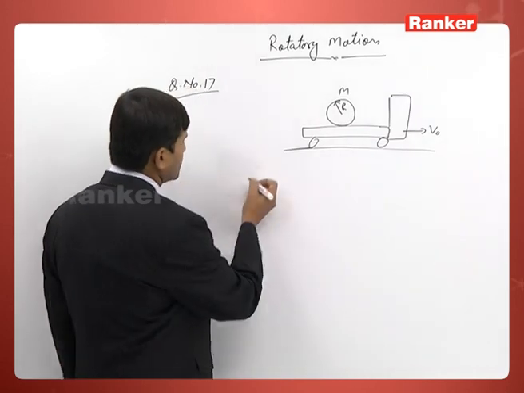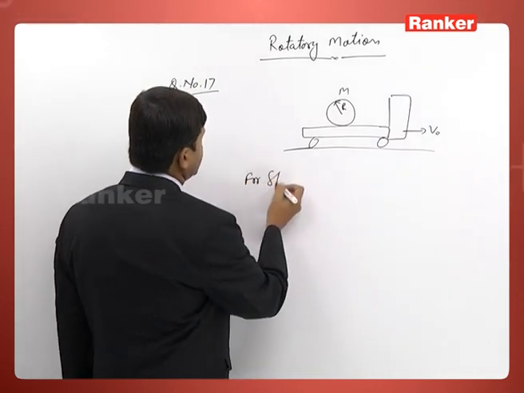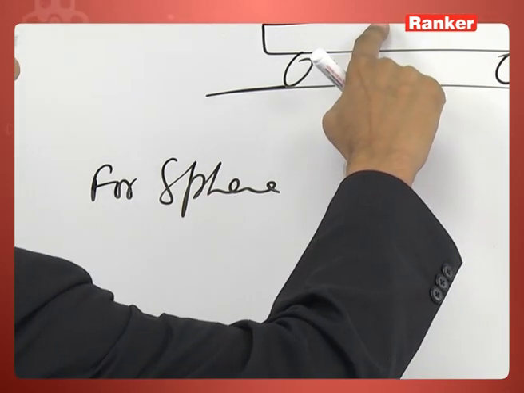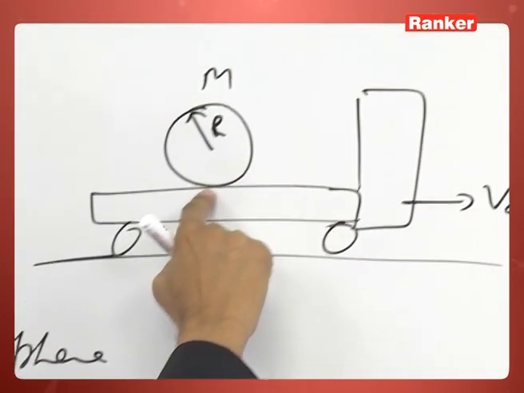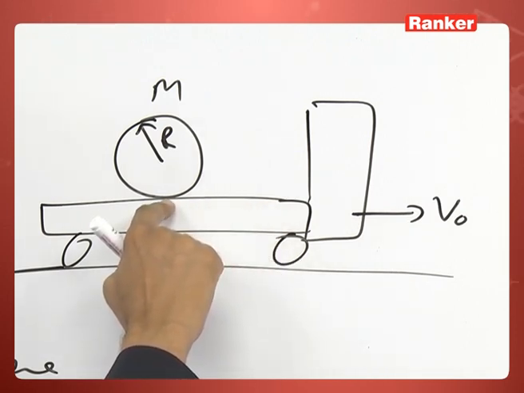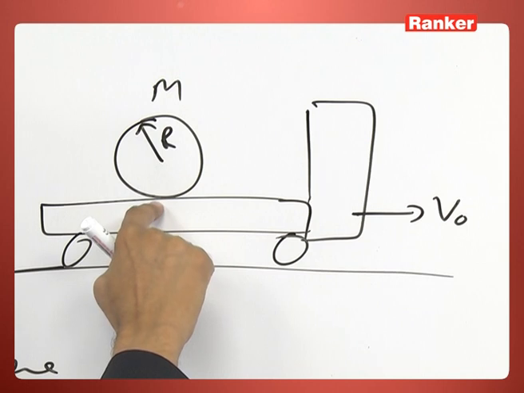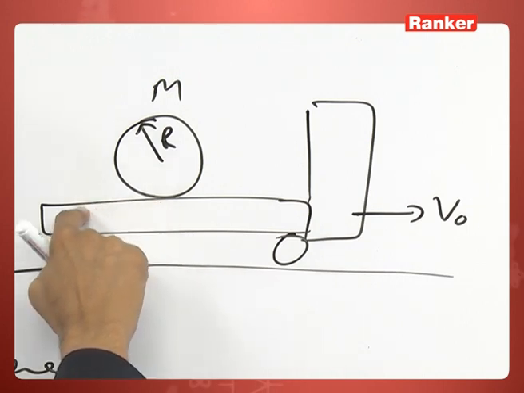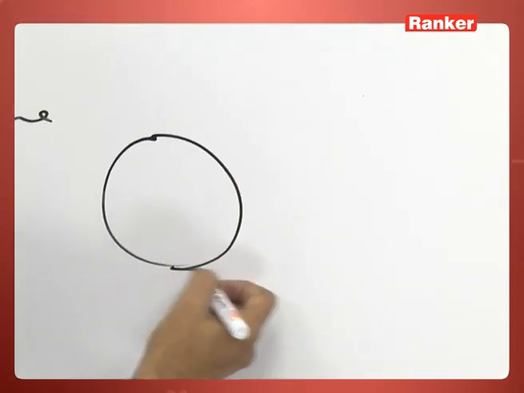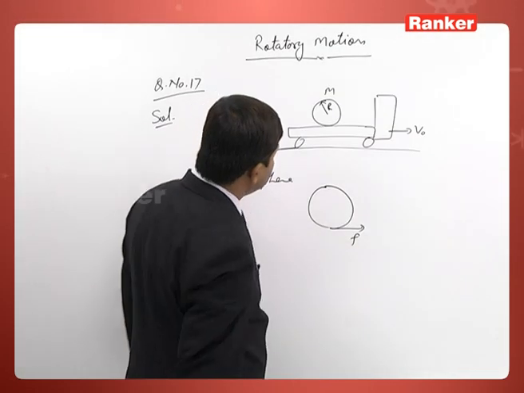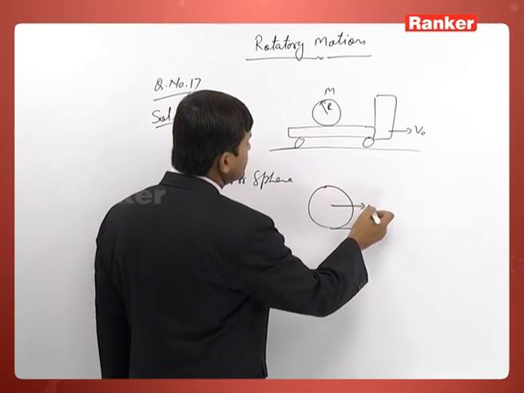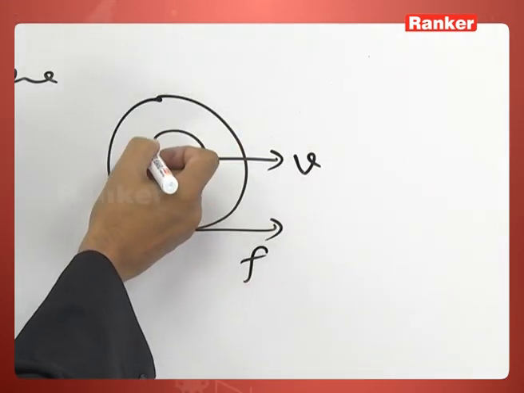See, for the sphere, this truck is moving with velocity V0. The point of contact of the truck is going in that side, the friction on the truck is to the left side, and the friction on the sphere is on the right side. That friction provides velocity to the sphere as well as angular velocity.